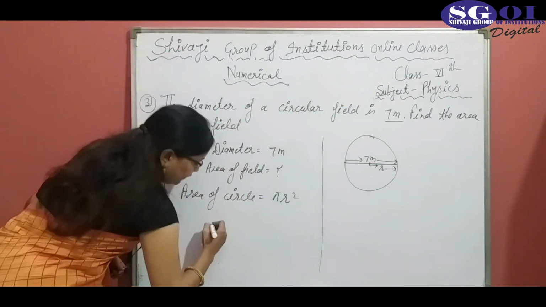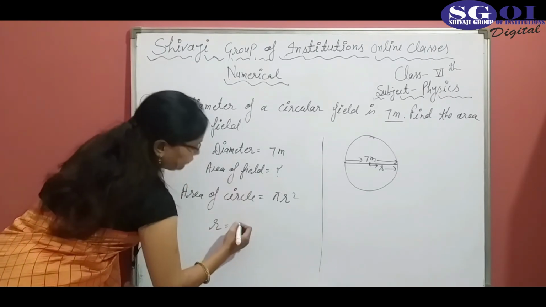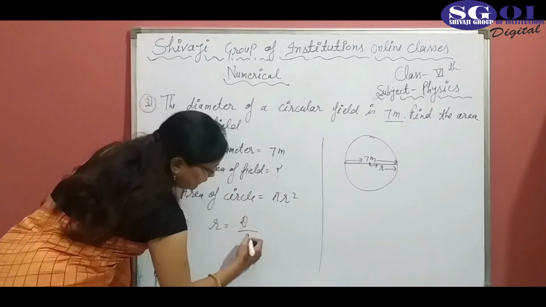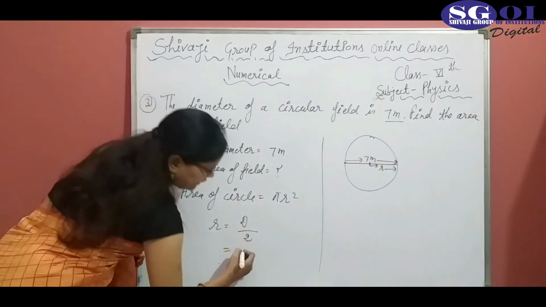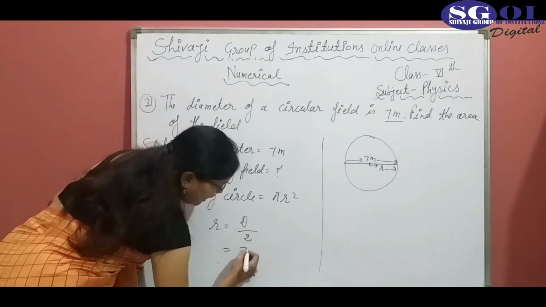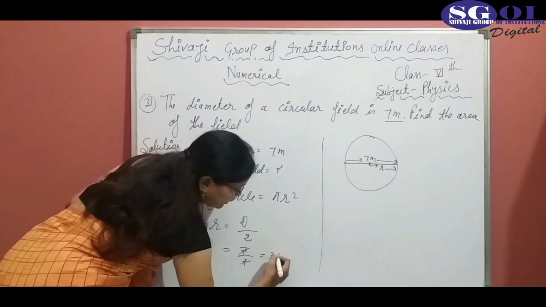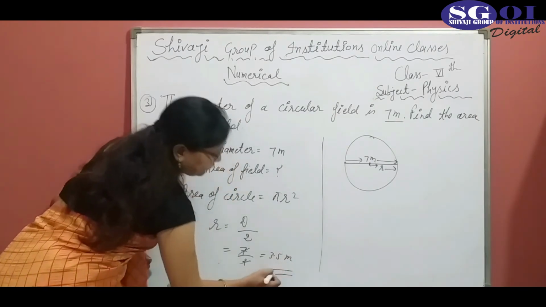So radius will be diameter divided by 2. Here diameter is 7. After dividing we get 3.5 meter.